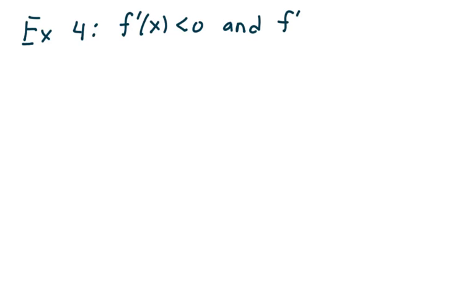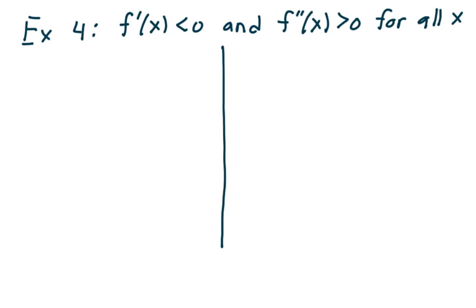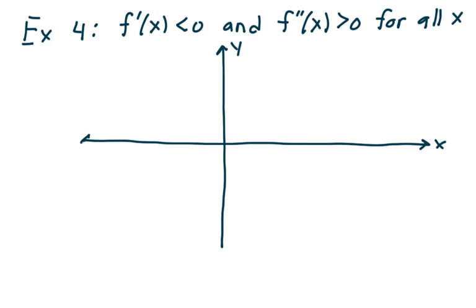Let's take a look at example 4. Suppose f prime of x is less than 0 and f double prime of x is greater than 0 for all x. So here's y, here's x.